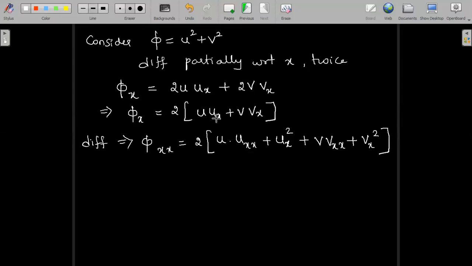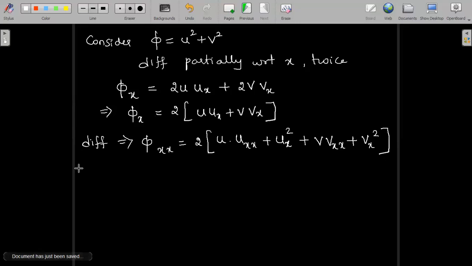Plus ux, keep it as it is. Differentiation of u with respect to x is ux. So ux into ux, I have directly written ux square. Plus, same way for v into vx, I will keep v as it is. Differentiation of vx partially with respect to x is vxx. Plus vx as it is. Differentiation of v with respect to x is once again vx. Vx into vx gives us vx square, which I have written directly.